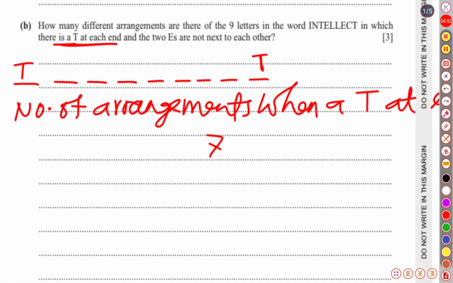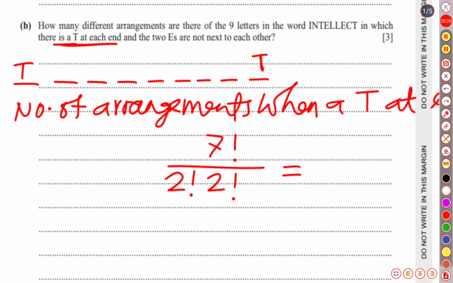7 factorial ways. But there are two I's as well as two L's that are identical. We will have to divide by 2 factorial for 2 I's and another 2 factorial for 2 L's. So 7 factorial over 2 factorial times 2 factorial, that means 4.